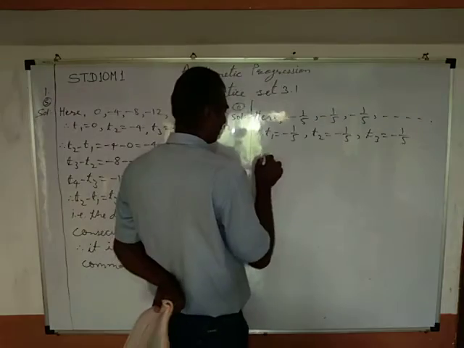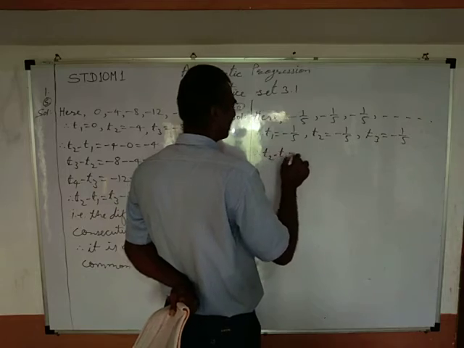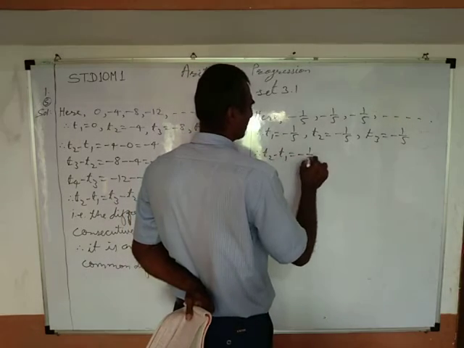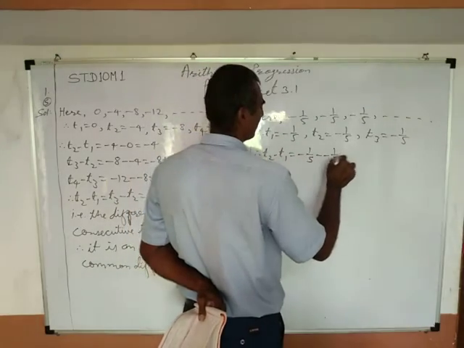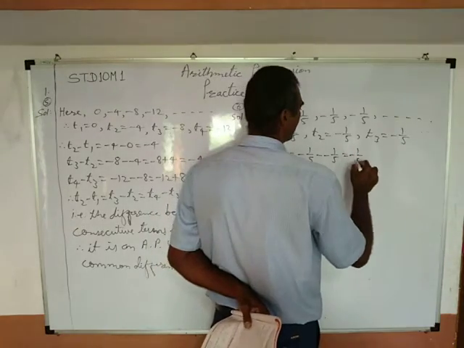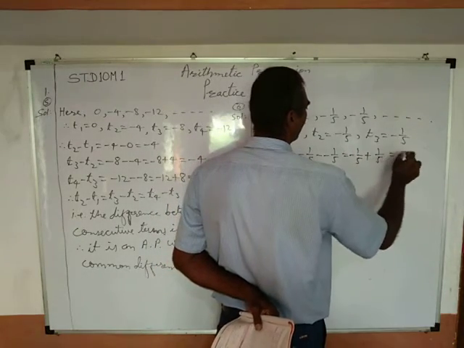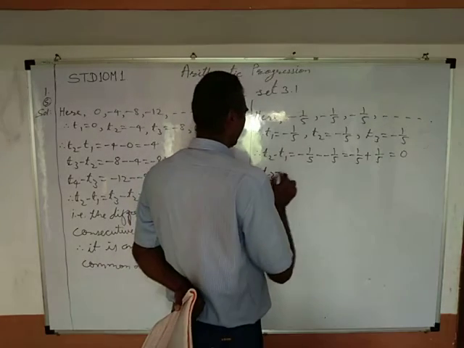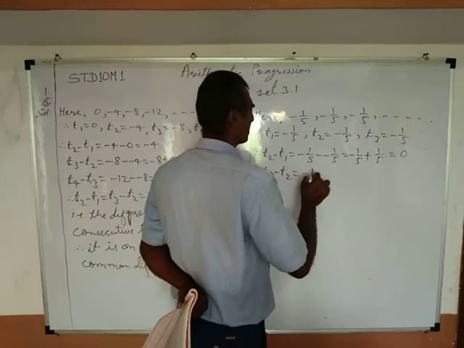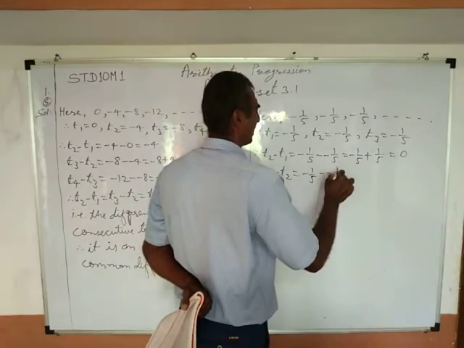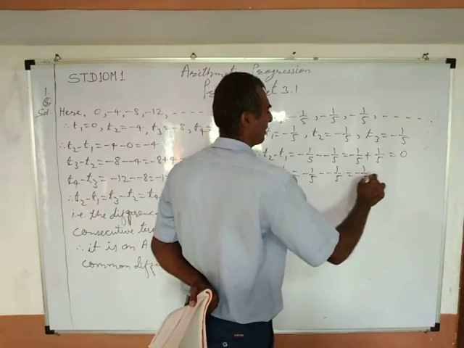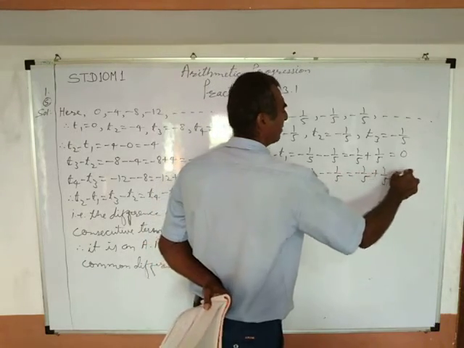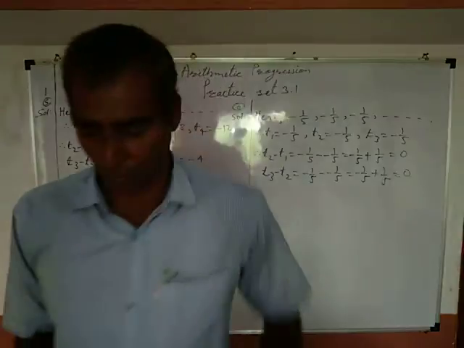Therefore T2 minus T1 equals -1/5 minus -1/5 equals -1/5 plus 1/5 equal to 0. T3 minus T2 equals -1/5 minus -1/5 equals -1/5 plus 1/5 equal to 0.